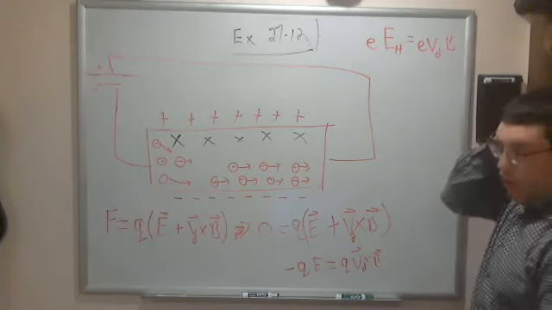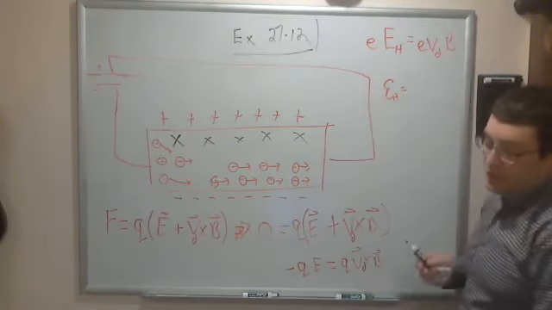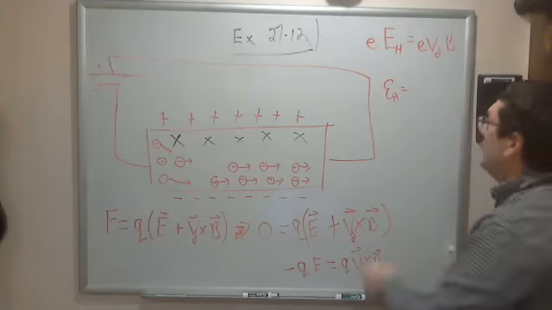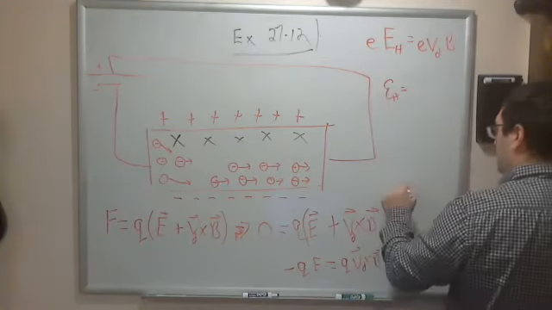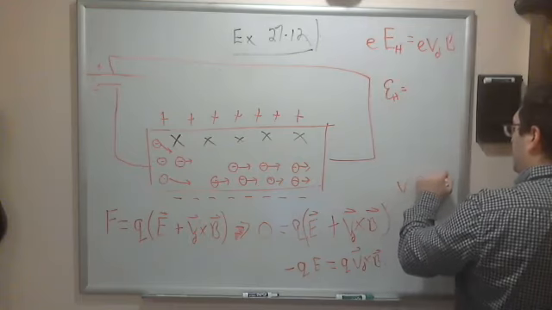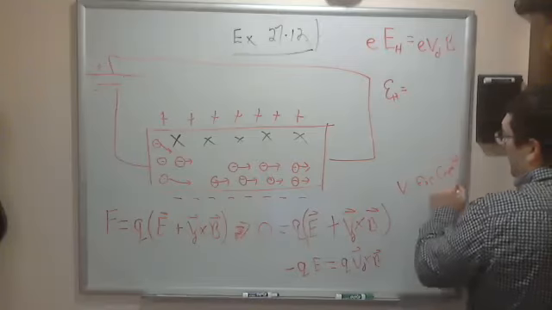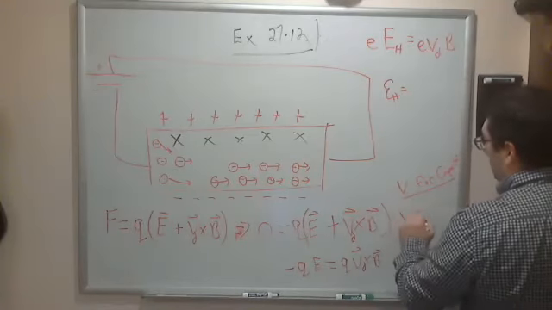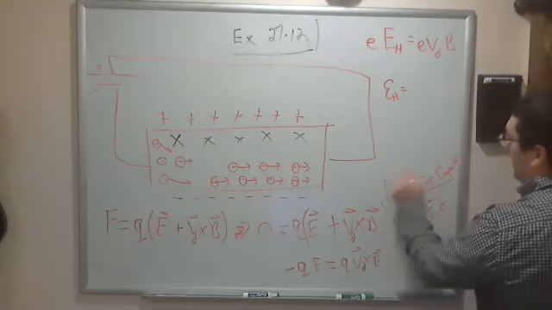And then the Hall EMF, right? That's the potential. And for a capacitor, V is just equal to E times d, right?